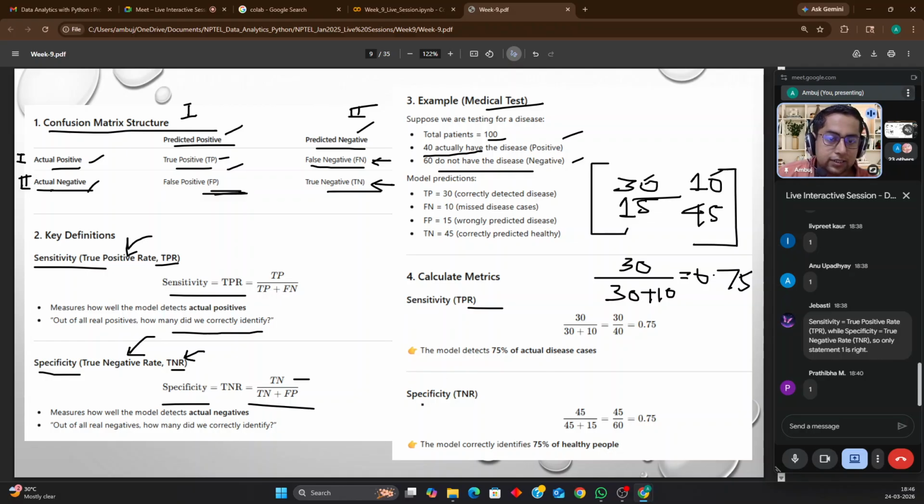Now you try to calculate specificity. There is one term sensitivity, another one is specificity. Specificity, if you try to calculate, it will be true negative. True negative is how much? 45. And 15 plus 45, that is false positive plus true negative.